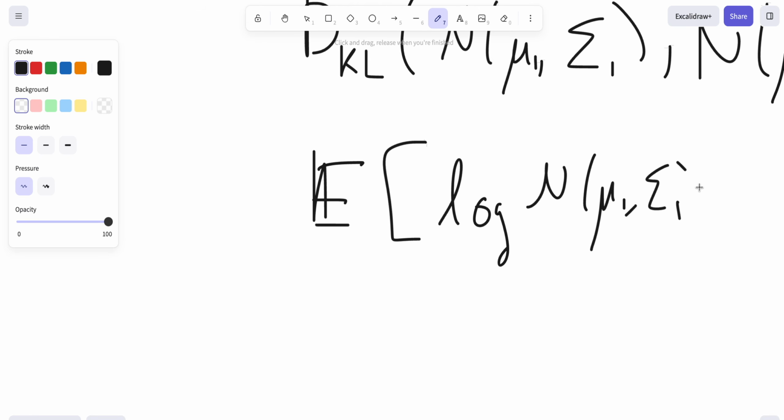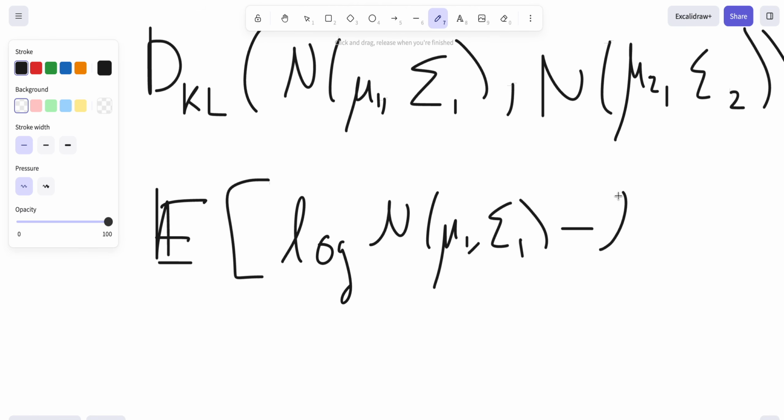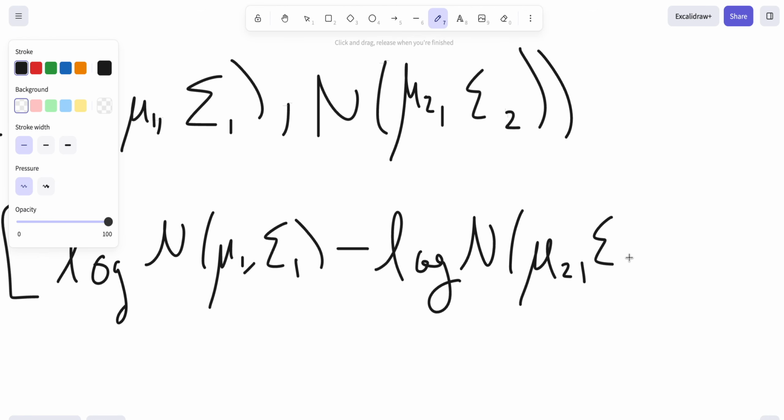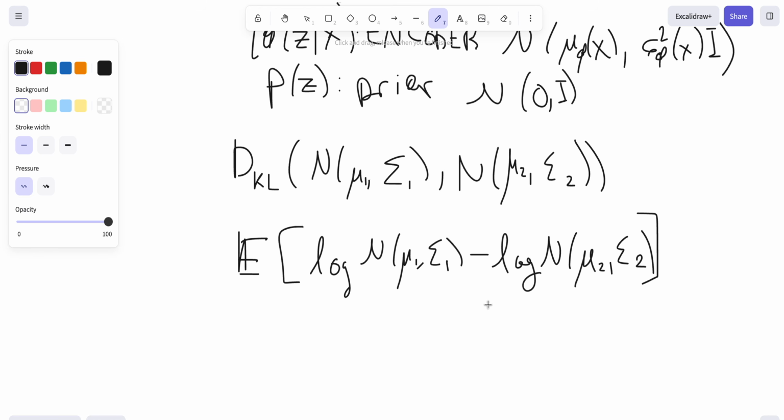Just to clarify, we're calculating the Kullback divergence for two different multivariate normal distributions, because our encoder and our prior are just two different multivariate normal distributions, so we'll use this to calculate that.